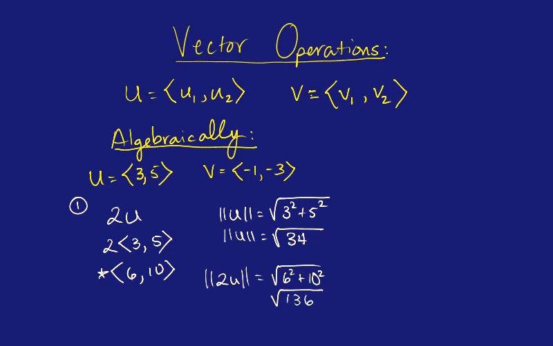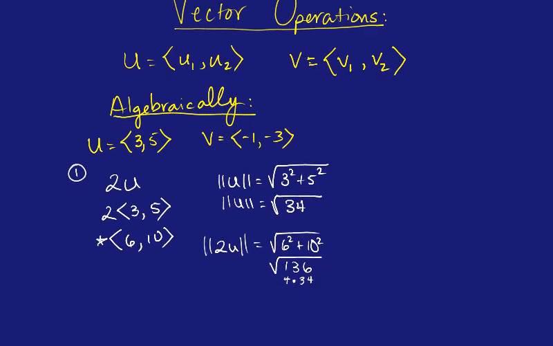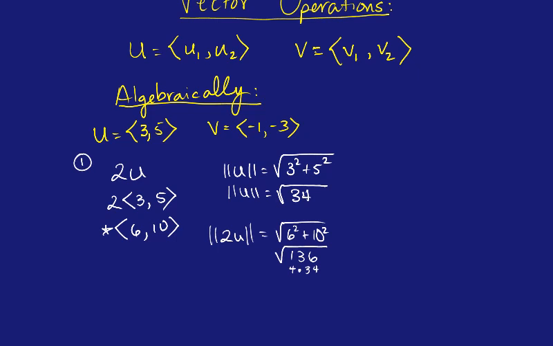It's not too crazy, but if you think about it, you would have a 4 in here, so 4 times 34. The square root of 4 is 2, and then what you would be left with is the square root of 34 underneath. So the magnitude of 2u is 2 times the square root of 34, so it's literally double the amount.